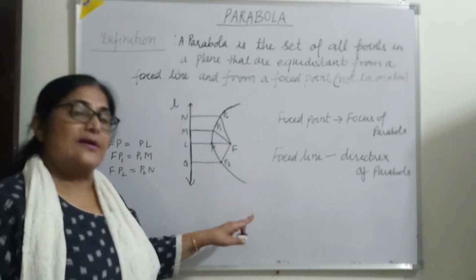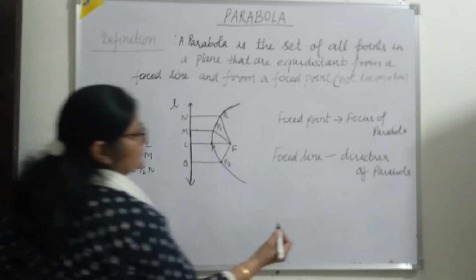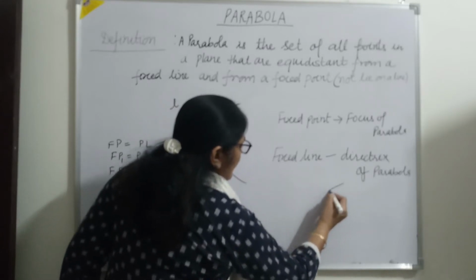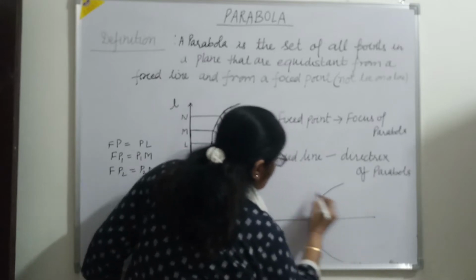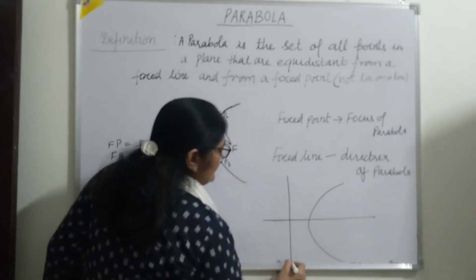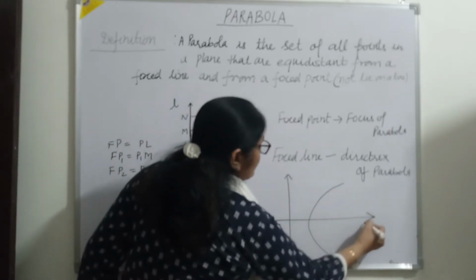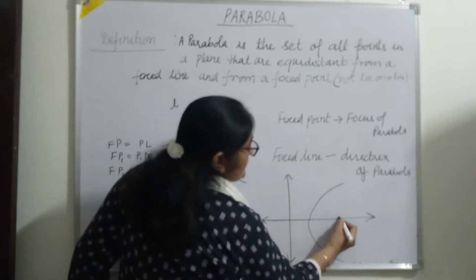Now we define some more terms. As you have seen, the parabola is shaped like that, and this is the fixed line, the directrix. F is the focus.